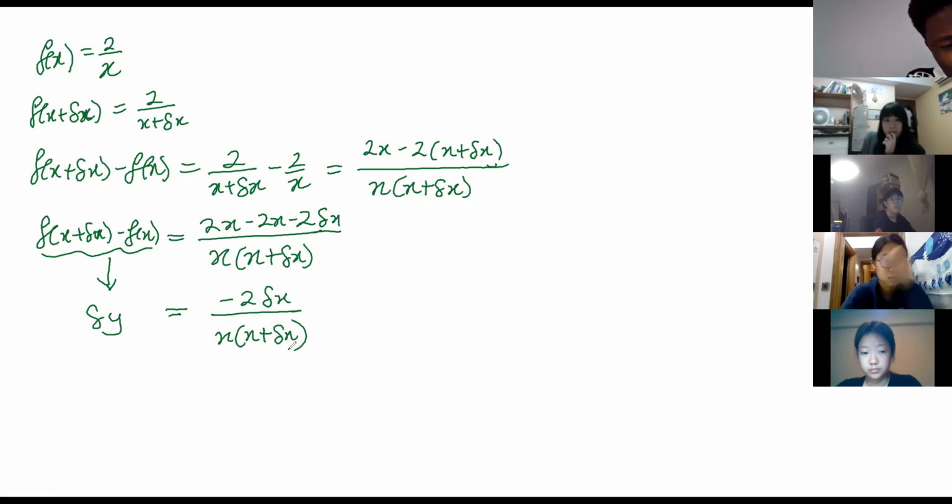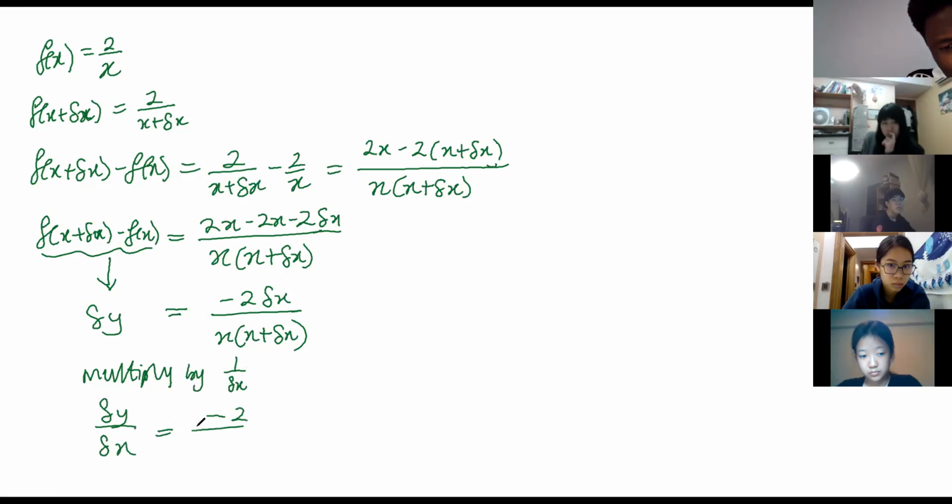So what I'm going to do here, I'm not going to say divide both sides, I'm just saying multiply by 1 over delta x. So which is just delta y divided by delta x, not dy, please. And this will be -2 divided by x plus delta x, and if you cross multiply, you're going to get this again. You agree?